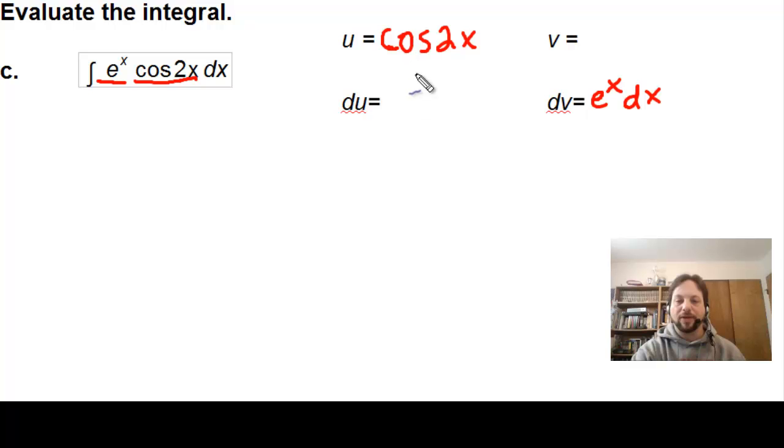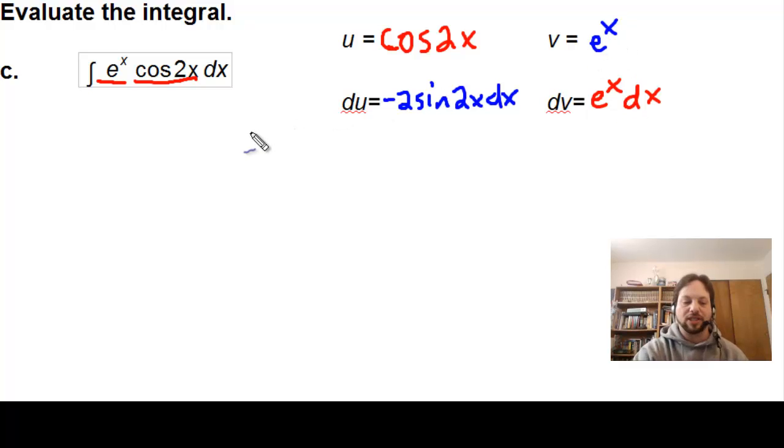Now, it's not difficult for me to go ahead and differentiate cosine 2x. That would just be negative sine 2x, and then the chain rule, which would give me negative 2 sine 2x dx. And to integrate e to the x dx is also no big stretch. That's just e to the x. So what do I end up with here?